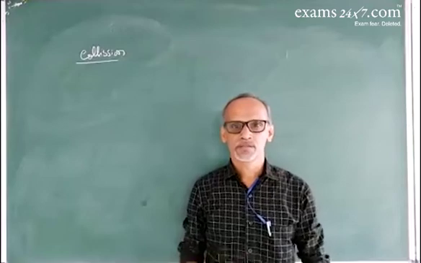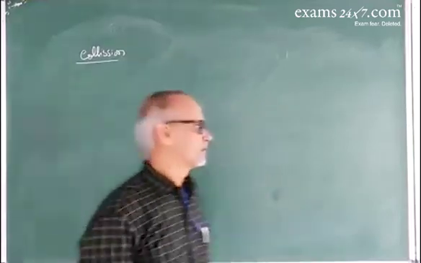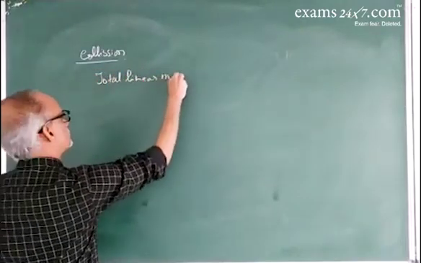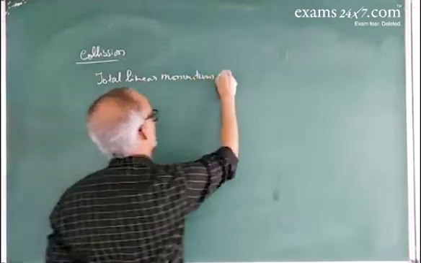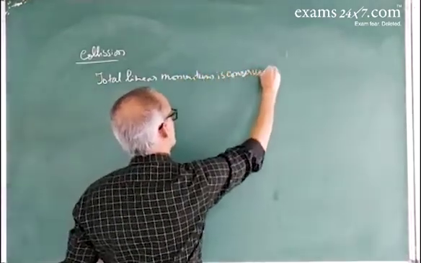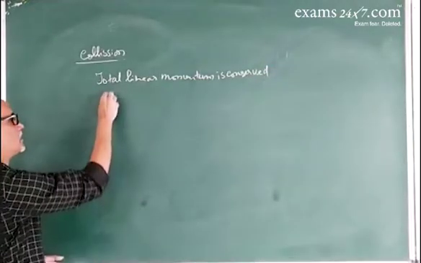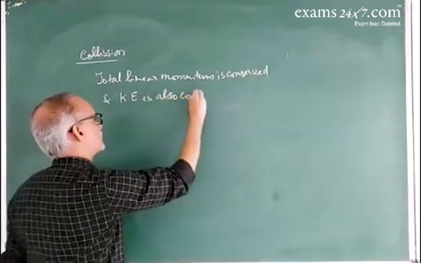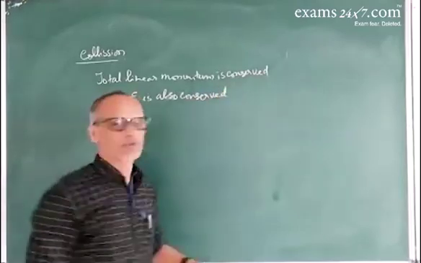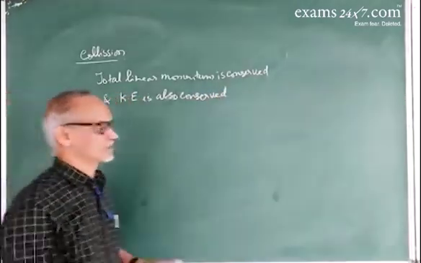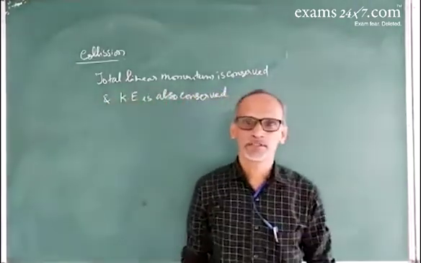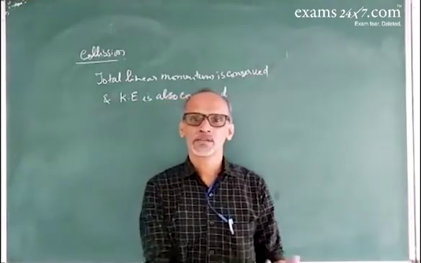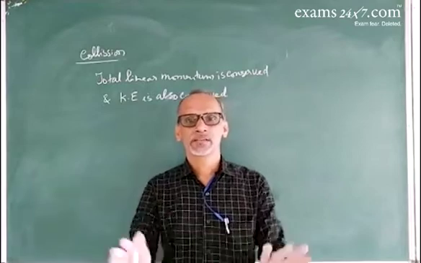When we apply these two laws, if the total linear momentum is conserved, and along with this, even the kinetic energy is also conserved, then such a type of collision is called an elastic collision. So an elastic collision is one in which the linear momentum is conserved, and the kinetic energy is also conserved. Total energy is anyway conserved in all types of collision.